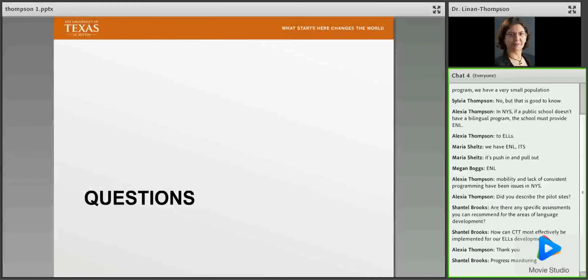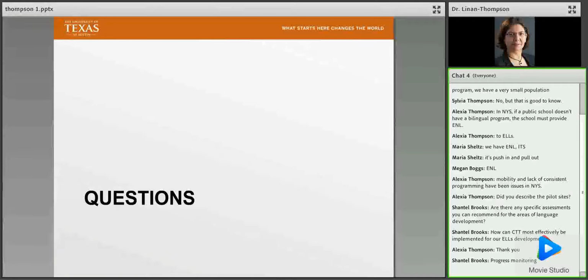That's one of the reasons we have been so interested in developing something easier to implement, using something very similar to a writing CBM but scoring it for language development rather than just spelling and syntax and those kinds of things.